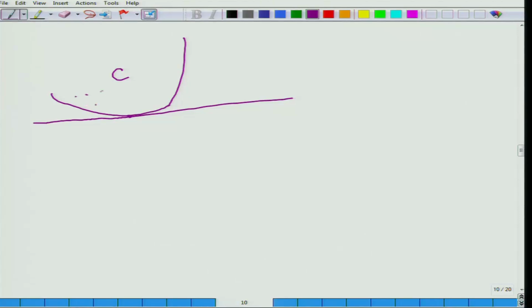So, here is the convex set, and now here is a point x on the boundary.